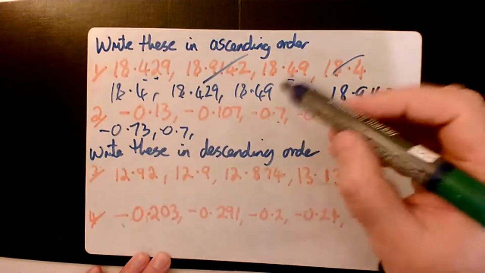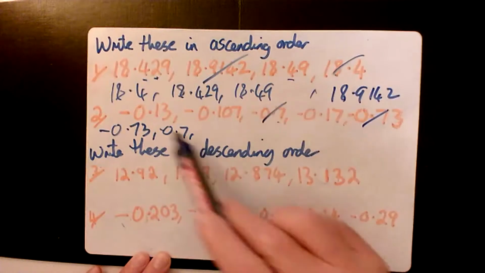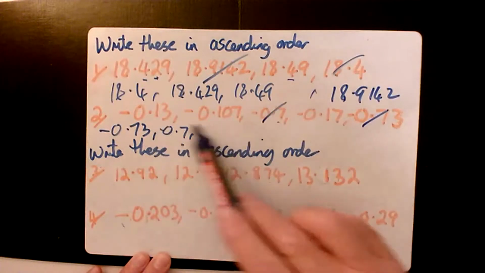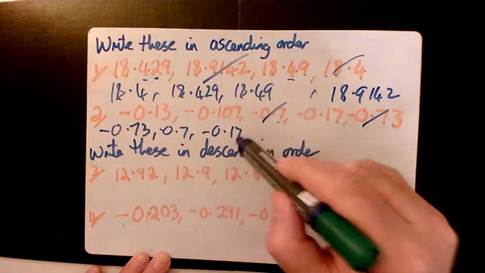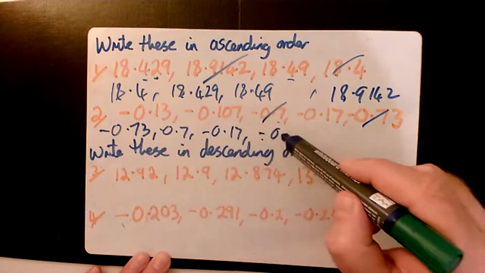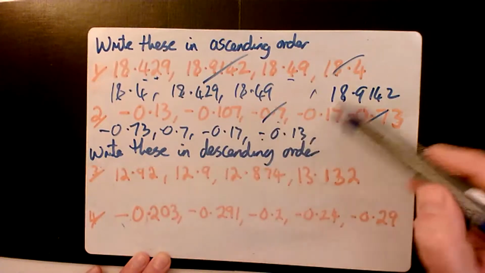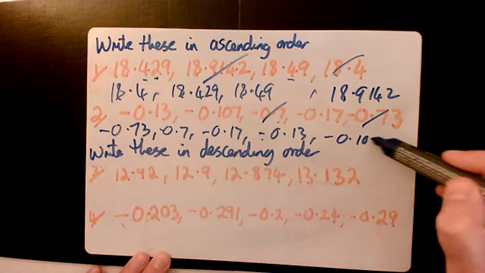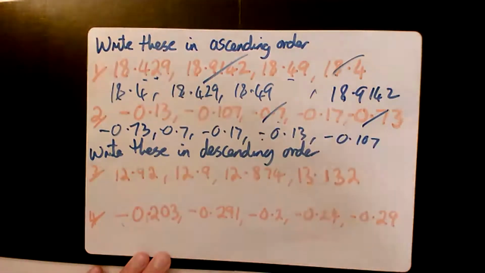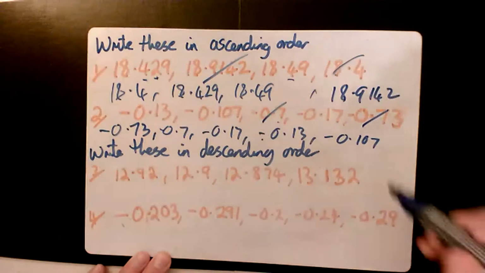So I've got those two out of the way. Now, which is going to be the furthest away, minus 0.17, and then minus 0.13, and then minus 0.107.